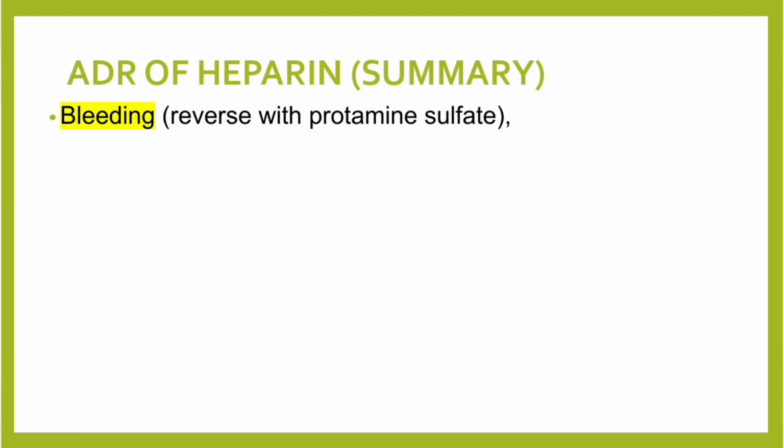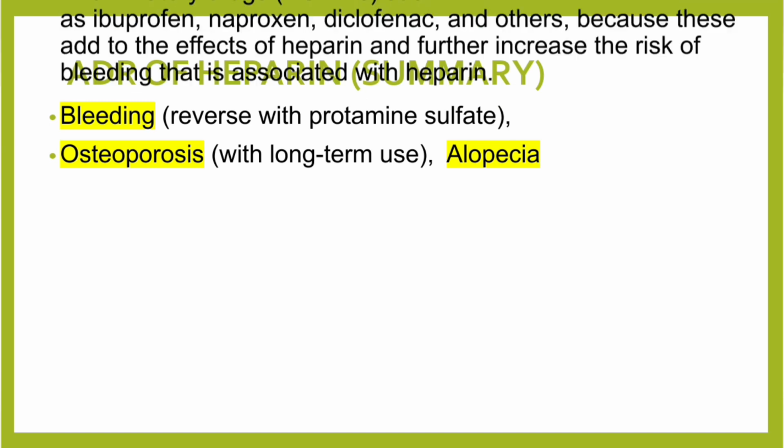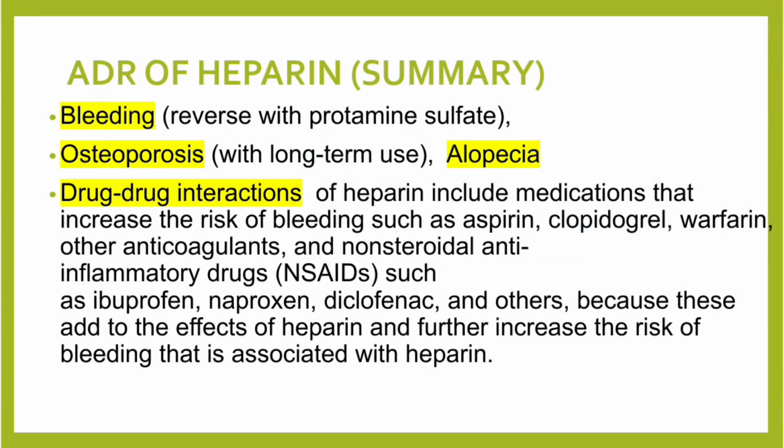Right, so in summary, what are the adverse drug reactions of heparin? Bleeding, and in bleeding, I said we reverse by protamine sulfate. Osteoporosis, this happens with long-term use. Another side effect is alopecia, hair loss. Drug interactions, right? So I mentioned this before. This drug heparin can actually interact with drugs that increase bleeding, for example, aspirin, clopidogrel, warfarin.